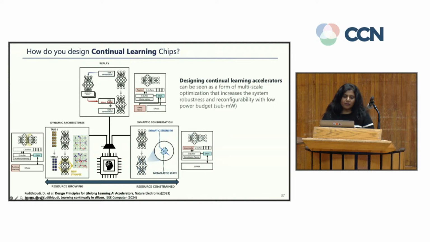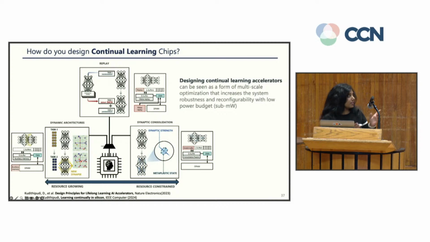We presented some early ideas on this concept in a paper that is listed here on how you think about building AI accelerators that take on the principles that we want for continual learning and also take biological principles and build better hardware systems.